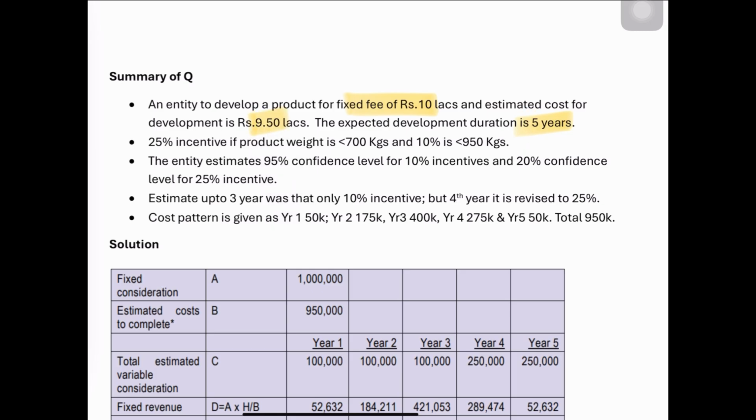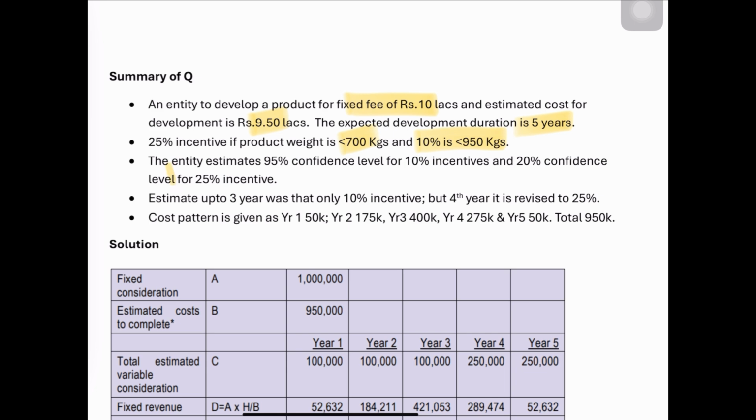5 years. And there will be an incentive program. A 25% incentive will be provided if the product weight is less than 700 kg, and the incentive will be only 10% if the product weight is less than 950 kg.